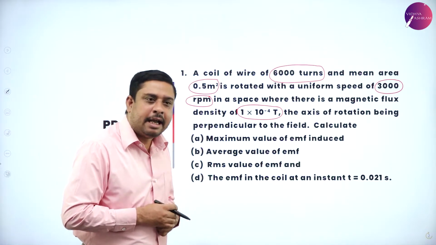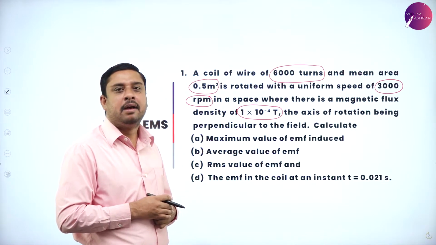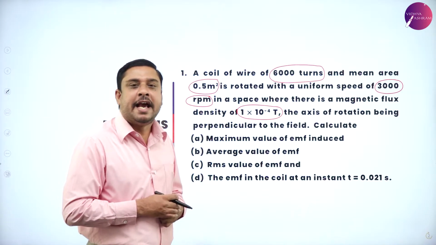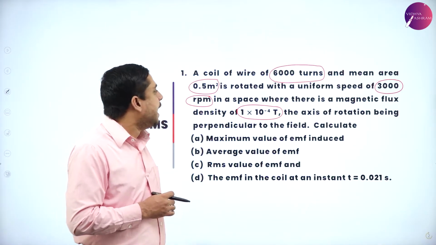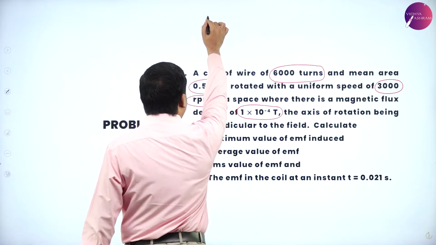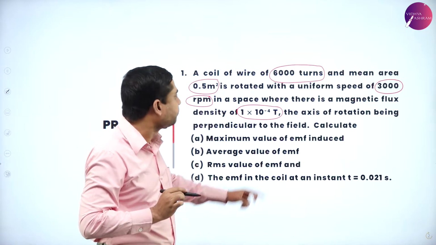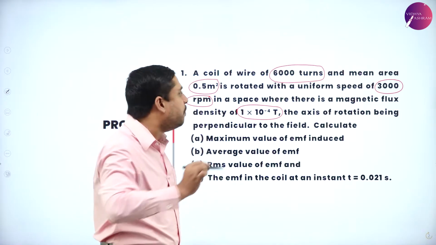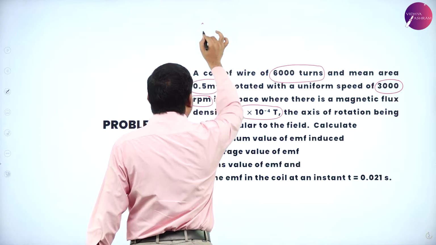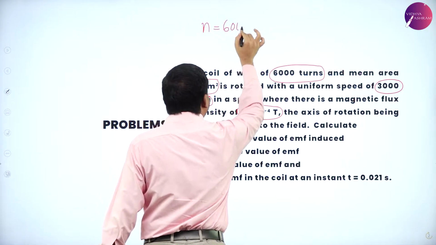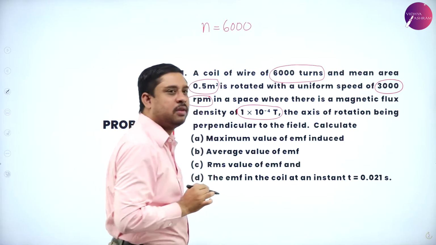As I have already said, the first part of any solution is to collect the data. I just write the data here. First I have number of turns N, which is 6,000.